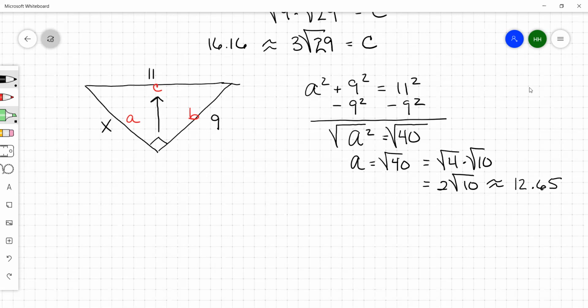Yes? 2 times square root of 10. You got a calculator? Which one? You got one of the TI 30XAs? You push 2 times 10 and then hit the square root button. Got to push equals. Did you get 6.32?